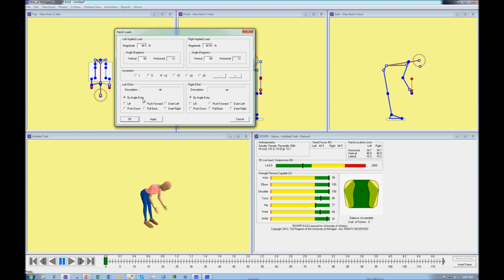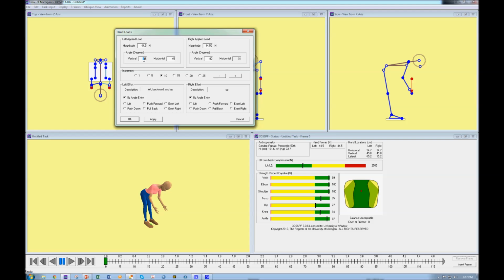So you can either do it by angle entry, where we can change this to, let's say, 45. And what that's saying is that the lift would be backwards and up. And we could get a horizontal as well, and we could put 45 in there, and we would get an effort that was to the left, backwards, and up.